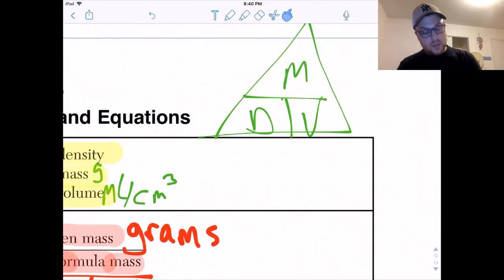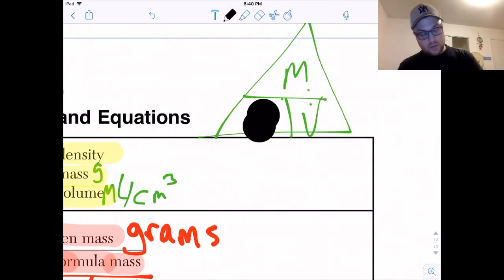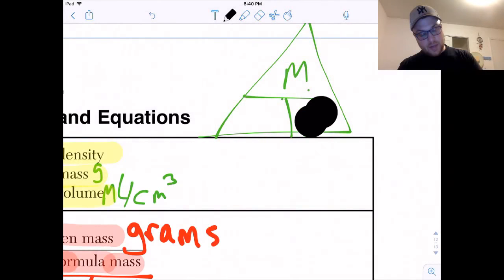And if you were trying to solve for mass, you just cover it up. Density times volume, and that'll give you mass. So mass divided by density gives you volume. Mass divided by volume gives you density. Density times volume gives you mass.